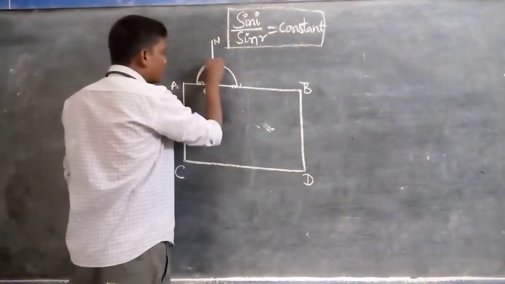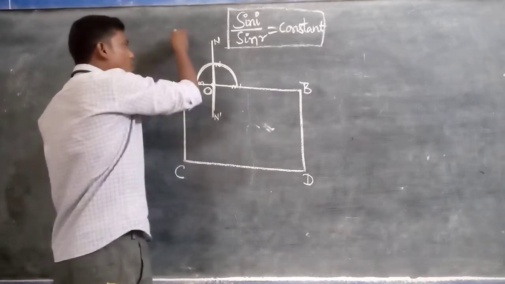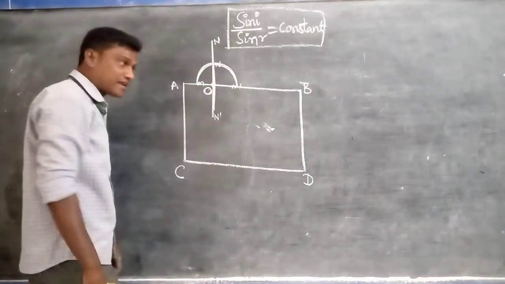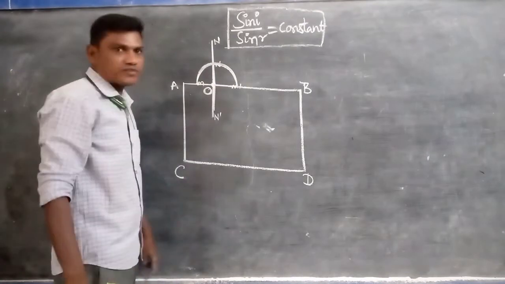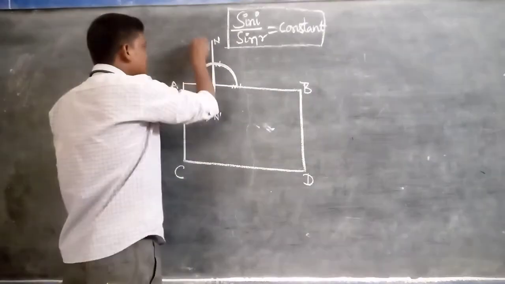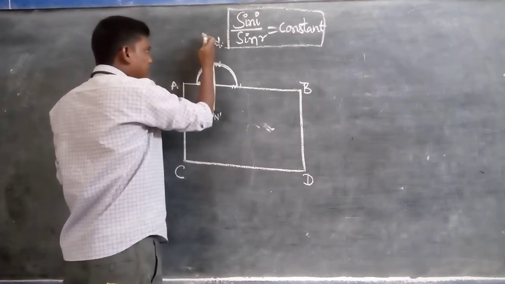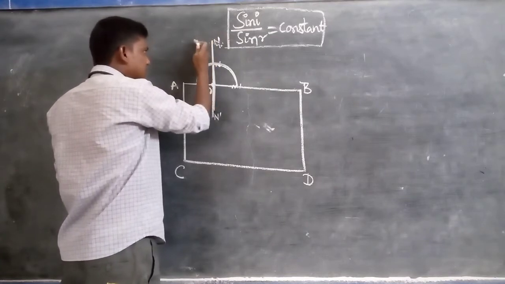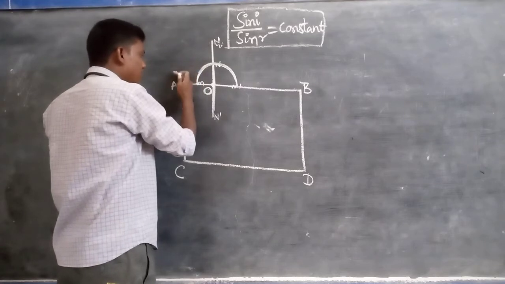So we place the protractor as shown in the figure, and with the help of the protractor we draw an incident ray. Initially, we take for example 10 degrees. Here 90 is at the top, then 80, 70, 60, 50, 40, 30, 20, 10 and 0.